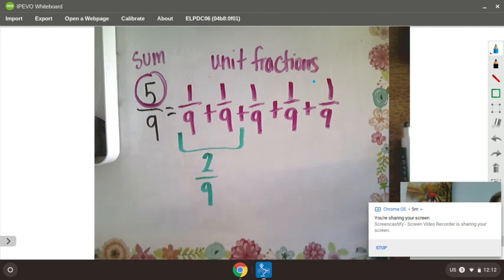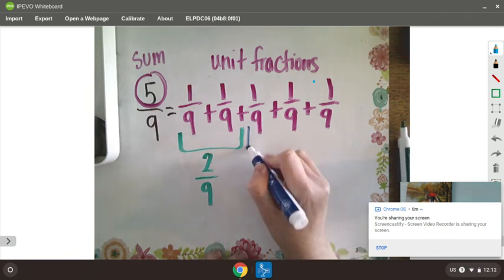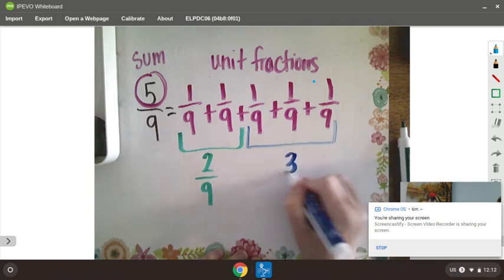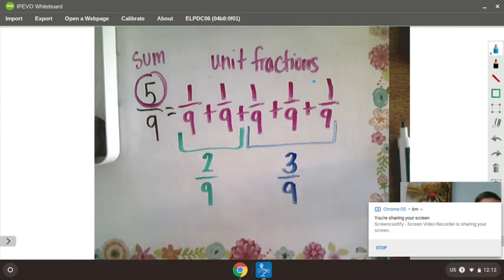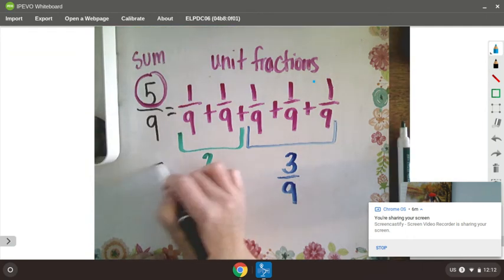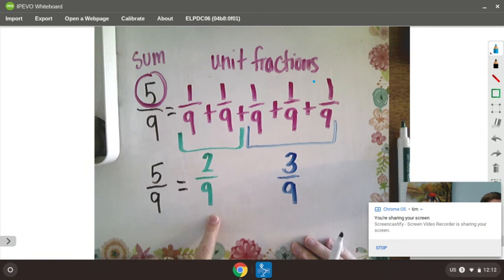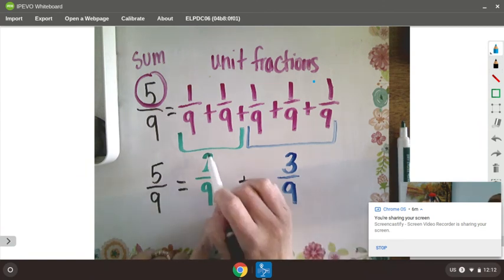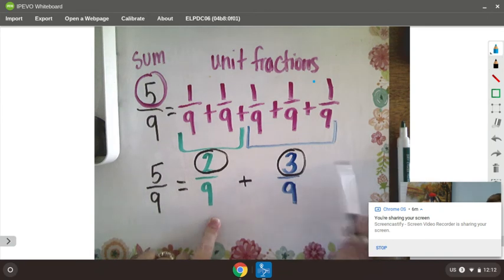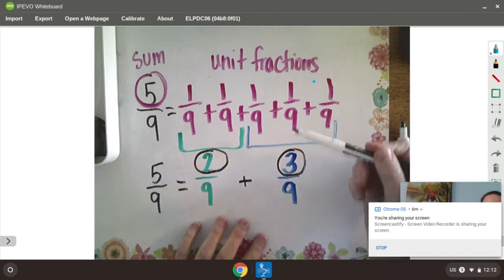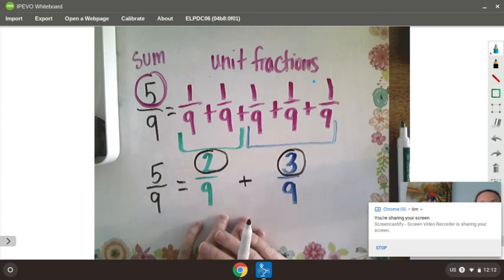That would leave me with 1, 2, 3, so 3/9 over here. Is it safe to say that this is another way to get 5/9 as a sum? If I add 2/9 plus 3/9, 2 and 3 does give me 5, doesn't it? So this would be two different ways to get 5/9.